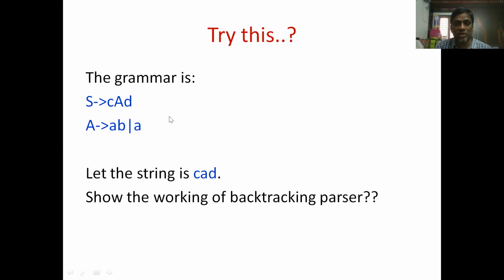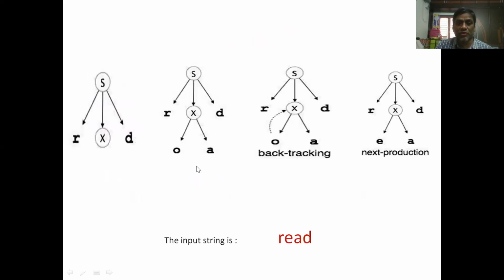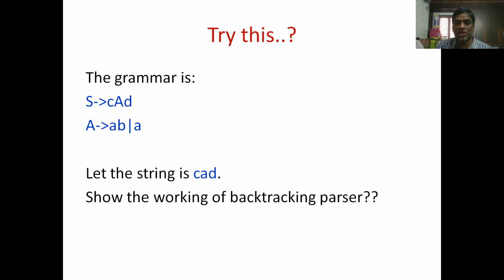These are four terminals. Try to draw the trees that show the working of the backtracking parser for generating this string. cad is the string that I want to generate. So all of you do this example on your own.